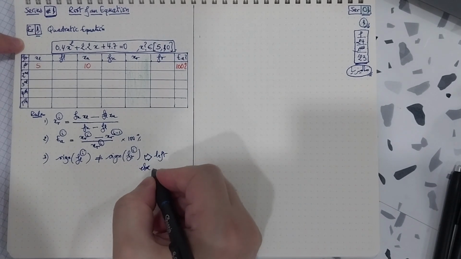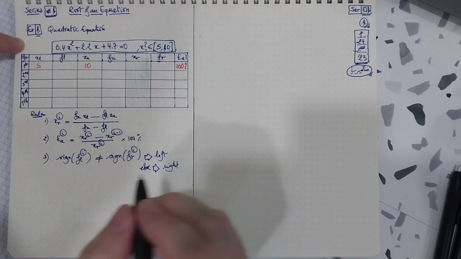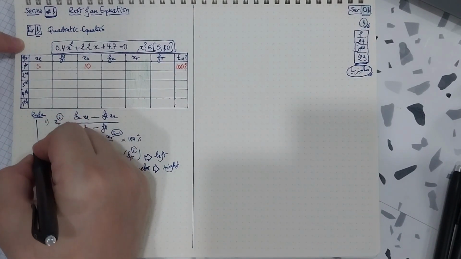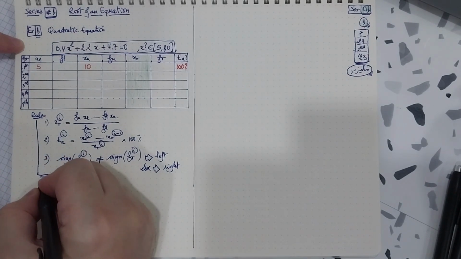Otherwise, at the right. So 3 simple rules to use while filling the table.